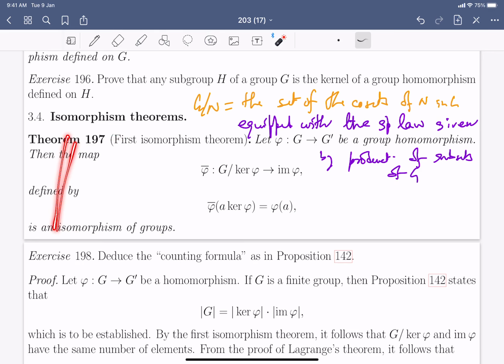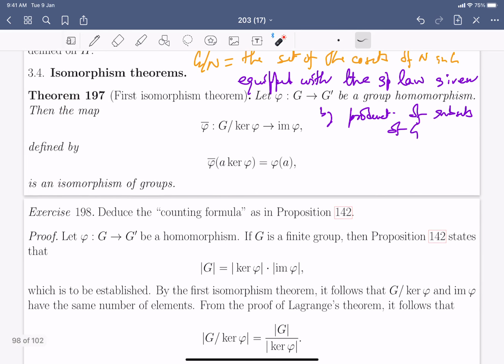This is a theorem that we are not going to establish. But it would be a good idea to see that this is a well defined map.